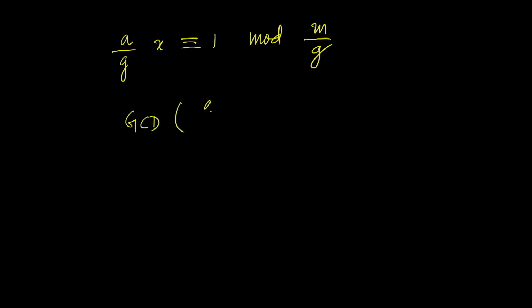To solve this congruence, first let us consider A by g times x congruent to 1 mod M by g. We know that GCD of A by g and M by g is 1. They are relatively prime. GCD of A and M is g, so when you divide both A and M by g, the resultant numbers are relatively prime to each other.